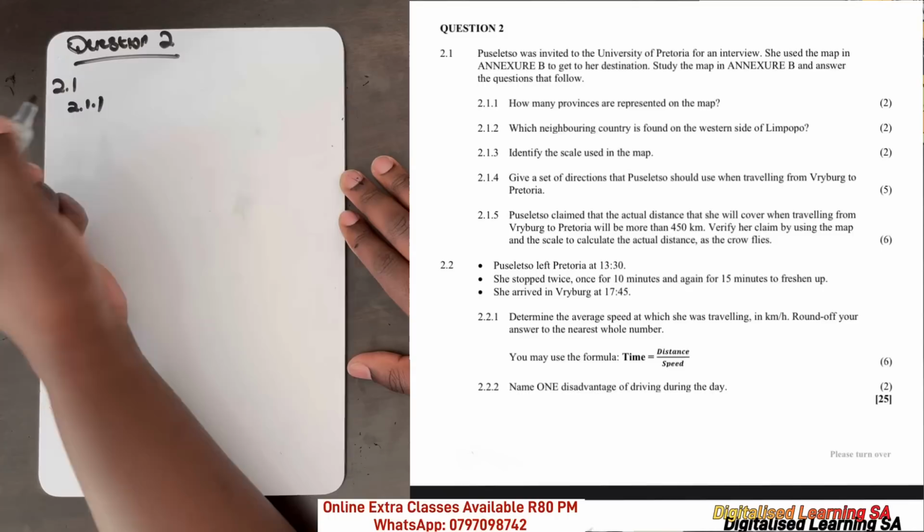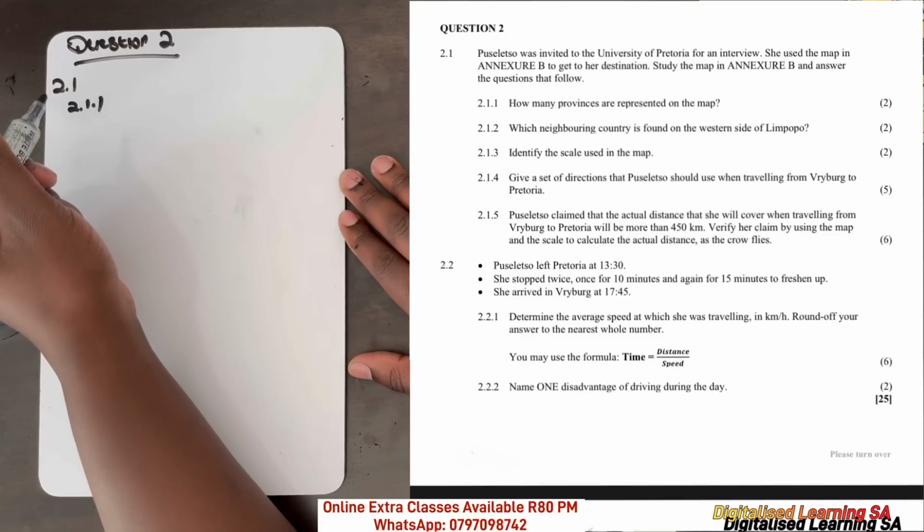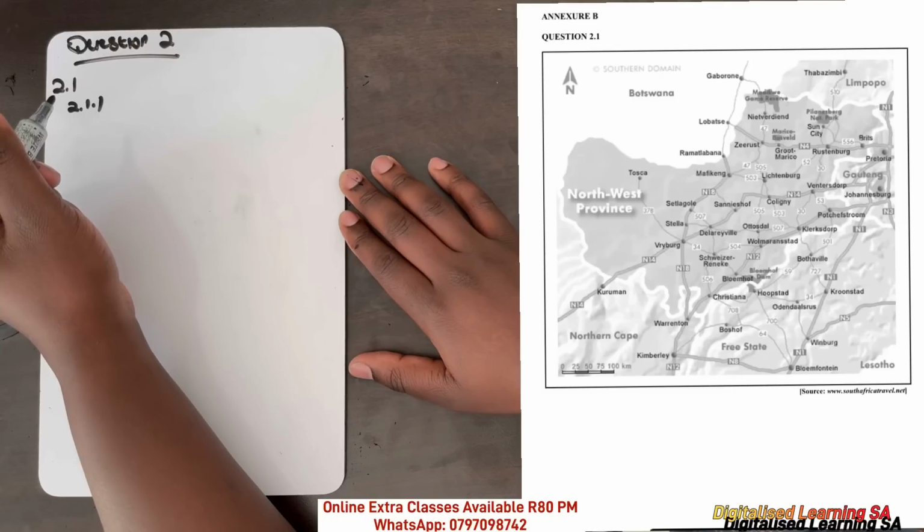Question 2.1.1 says, how many provinces are represented on the map?